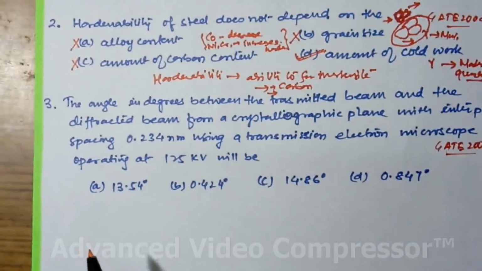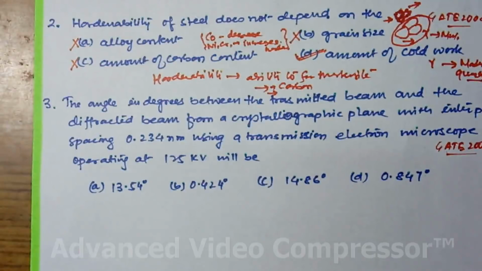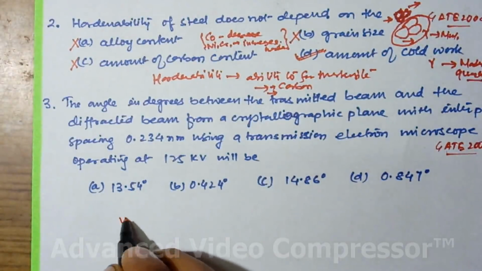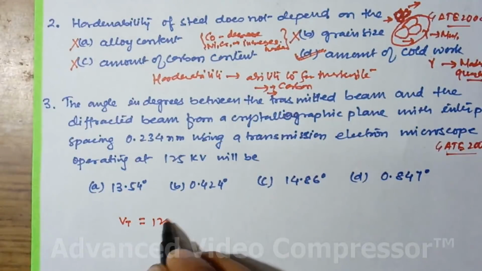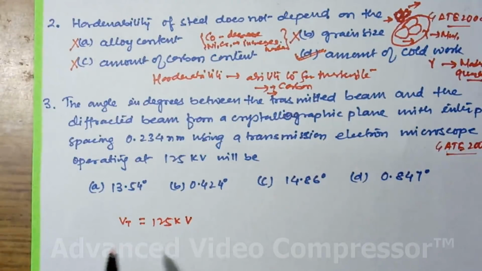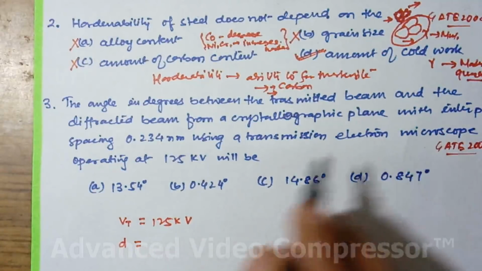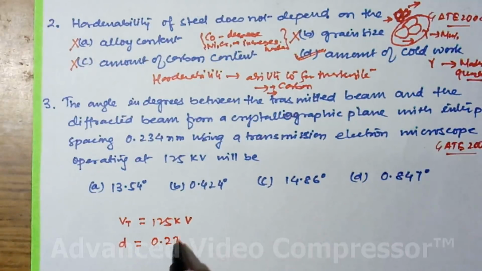Okay, so here in the question it is given that we have the voltage 125 kV and interplanar spacing is 0.234 nanometer.